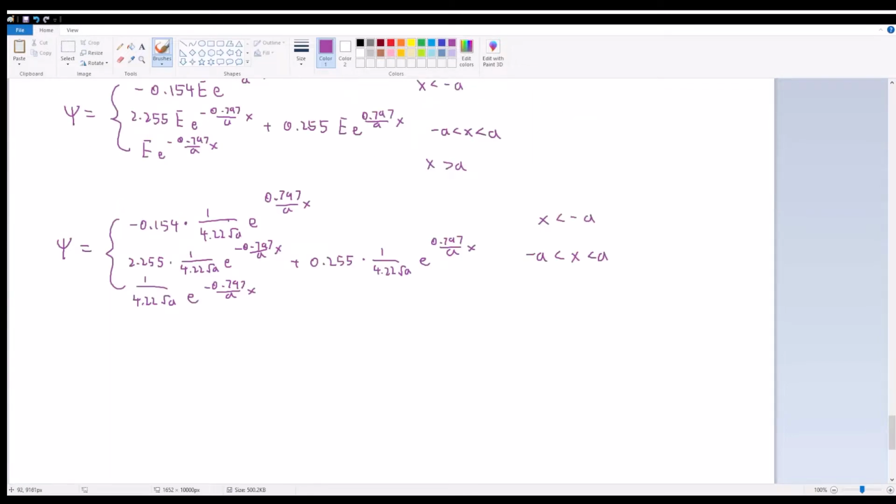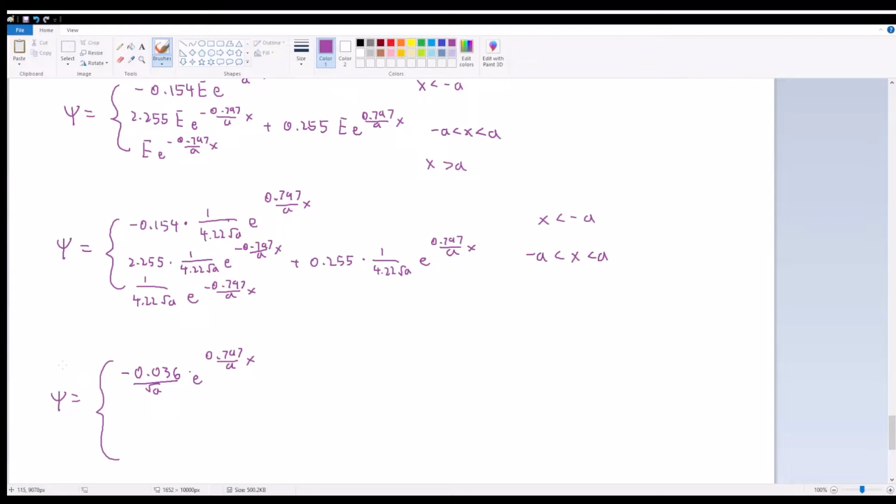Now let's simplify this a little bit, actually multiply out all of our numbers. So for the first one, we have negative 0.154 divided by 4.22. That's going to be negative 0.036 over the square root of a times e to the 0.797 over a times x. And then we have 2.255 divided by 4.22.